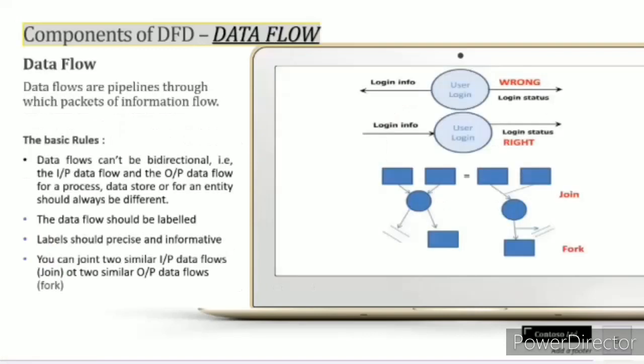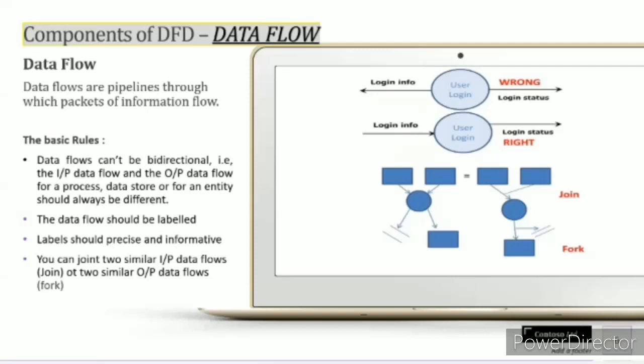Now let's see another symbol, which is data flow. Data flow is the most important thing in the data flow diagram, which shows the flow of information, and is shown with an arrow mark symbol. The basic rule of data flow is that it cannot be bidirectional.